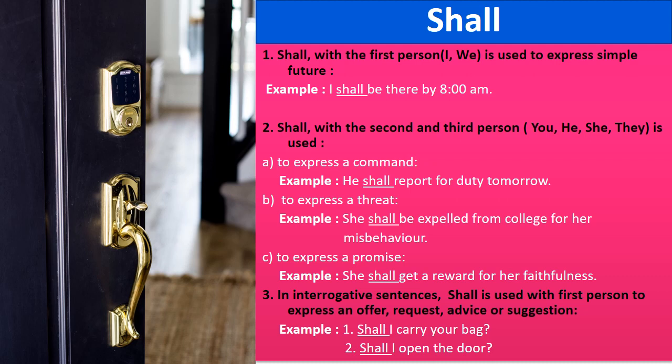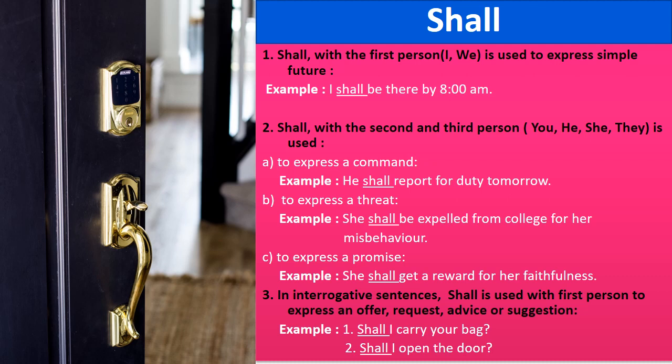See students, in simple future tense, you have seen that we use shall with I or we. So same uses here. For example, I shall be there by 8 a.m. So here we are expressing simple future.